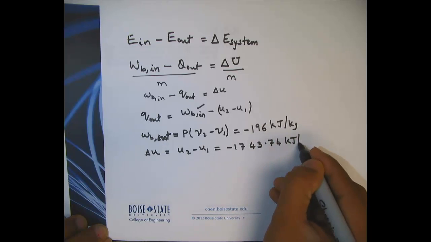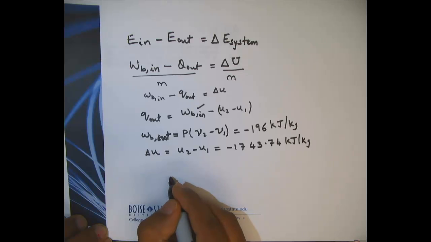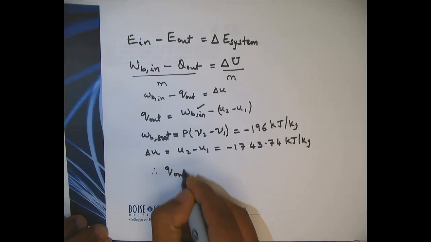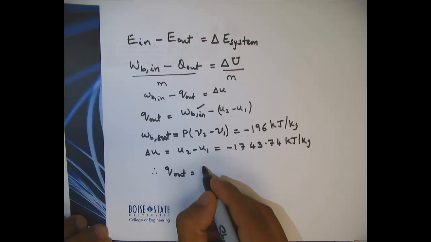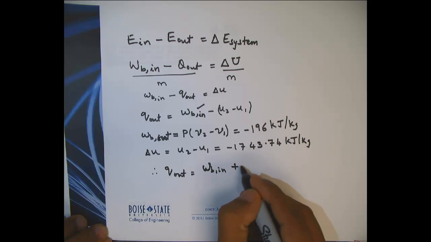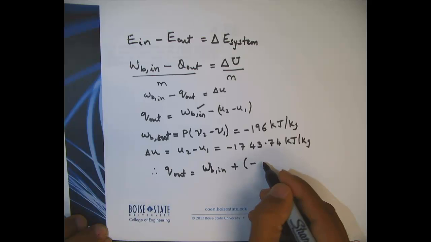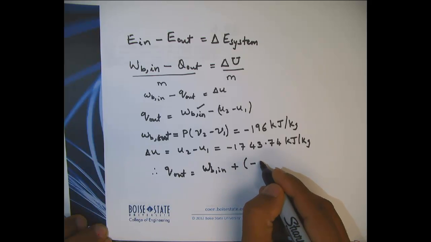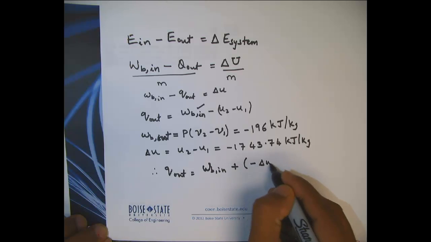Similarly, delta u will be u2 minus u1, and you should get that as negative 1743.74 kilojoule per kg. Okay, so then the q out will be w in, I would probably want to write a negative, but I can do that, minus delta u.